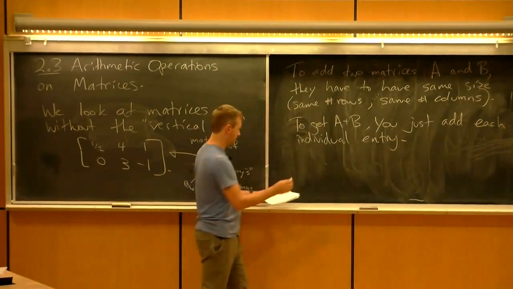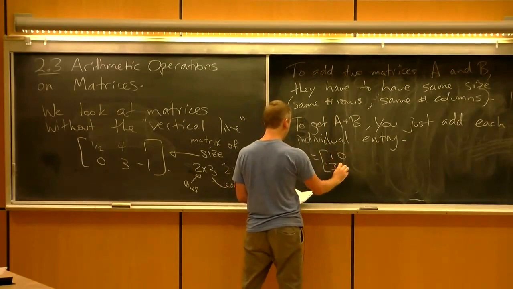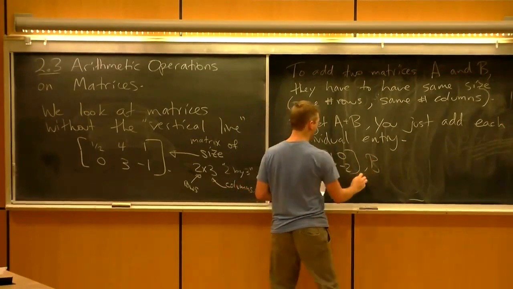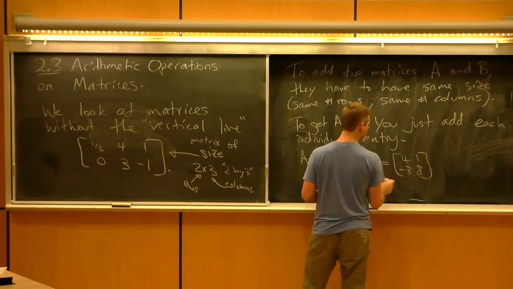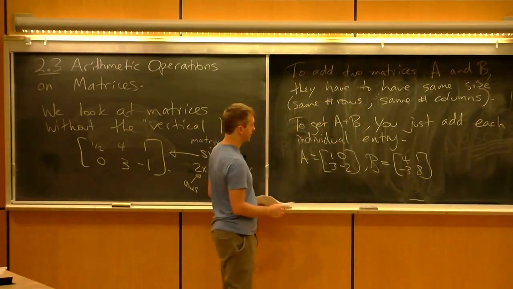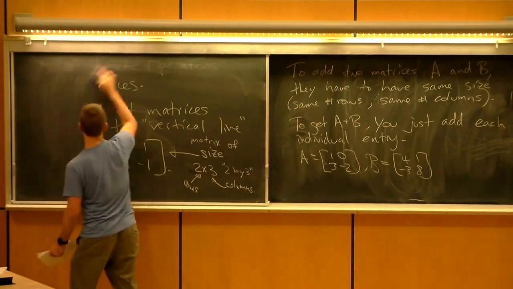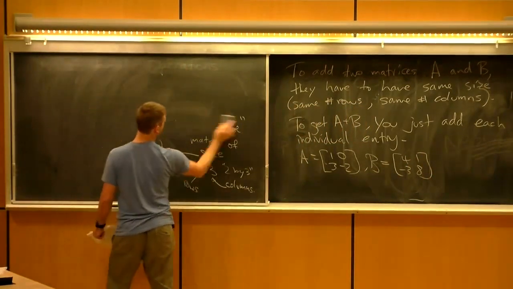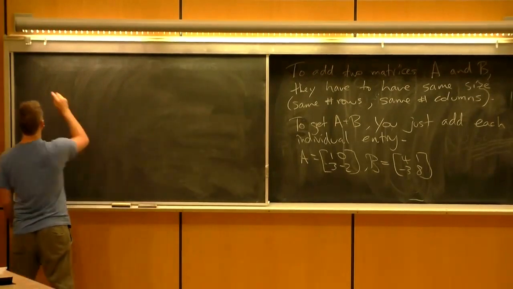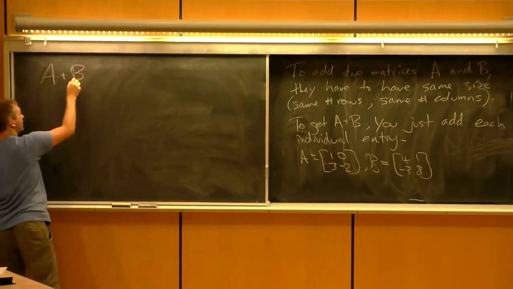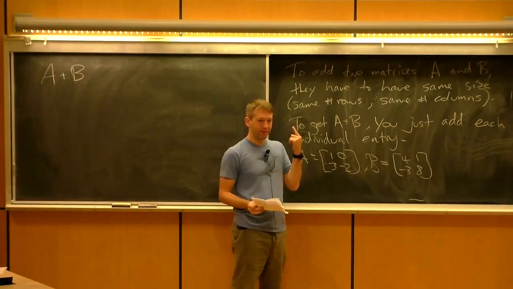Okay, so as an example, let's say A is 1, 0, 3, -2, and B is equal to 4, 1, -3, 8. If I wanted to get A plus B in that example, first of all, you got to think, does this even make sense?